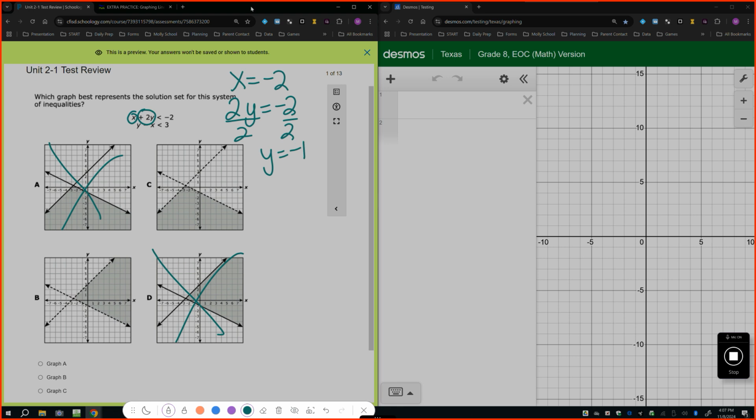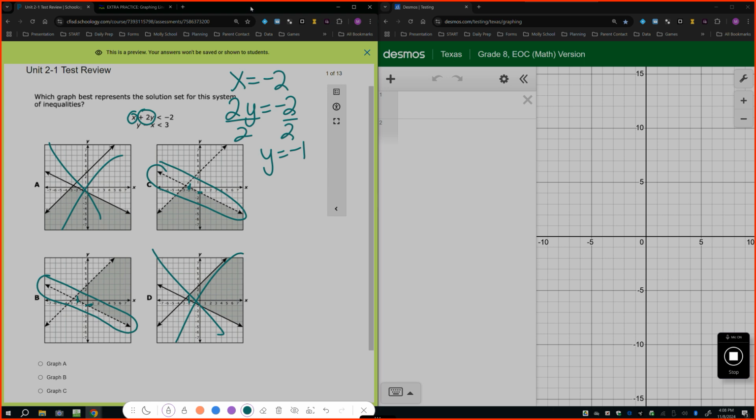And I would look for the line where x was negative 2, and y is negative 1. So now I know that this line is the first one, so that I know which one I'm working with. So if I'm not sure which one do I shade above and which one do I shade below, I can use that to help me identify.